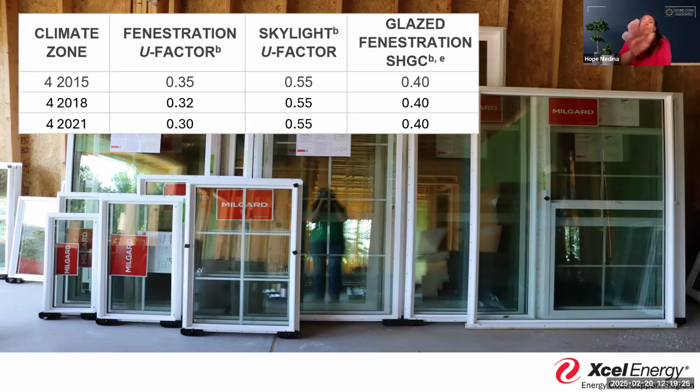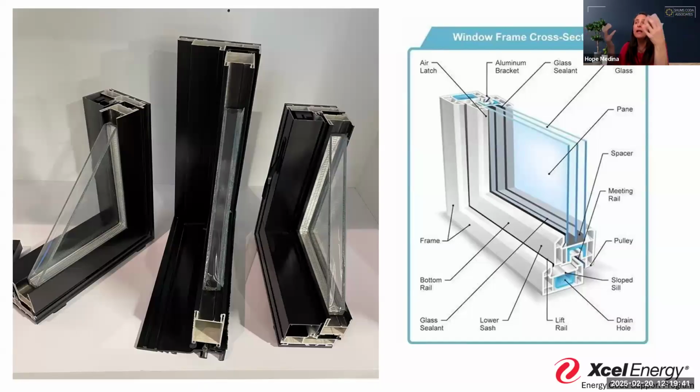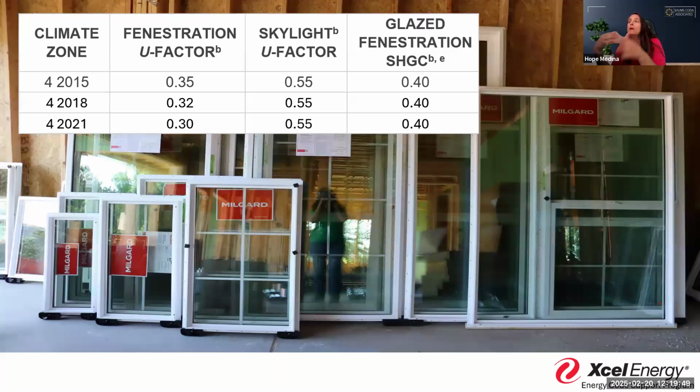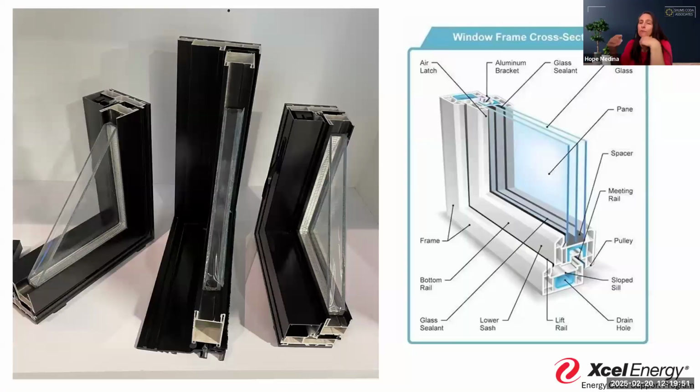But when we look at these numbers, we have to keep in mind that it is not just the glass, right? It's not the center of glass. It's the entire assembly that makes it work in the fashion that it works, so that we get that 0.30 or we get that 0.4 solar heat gain coefficient.